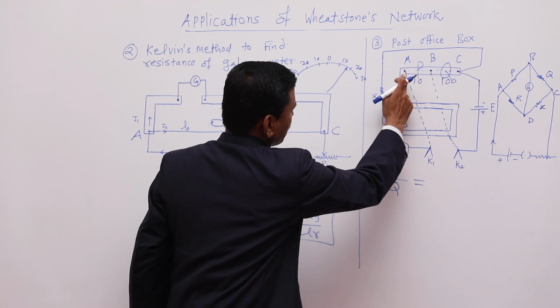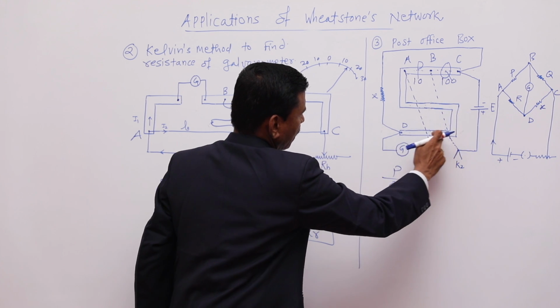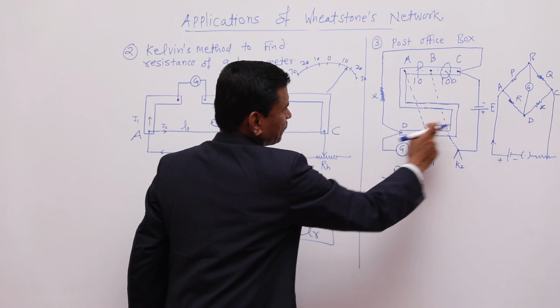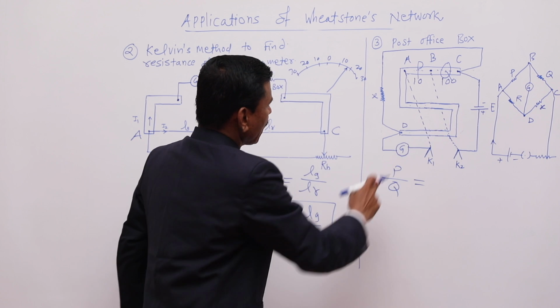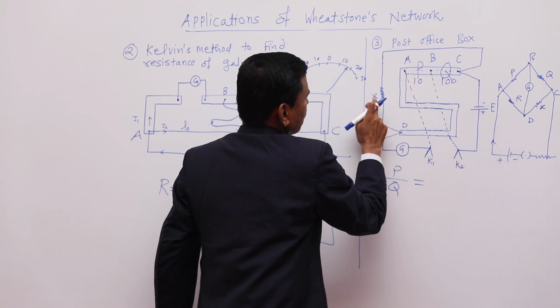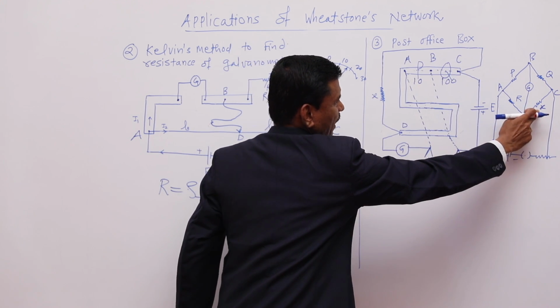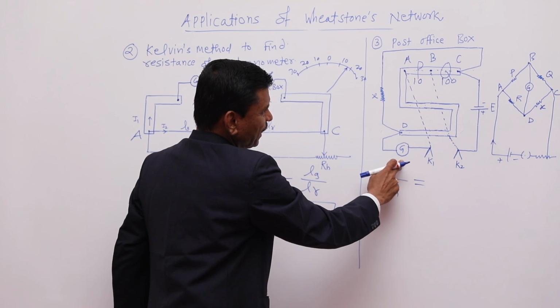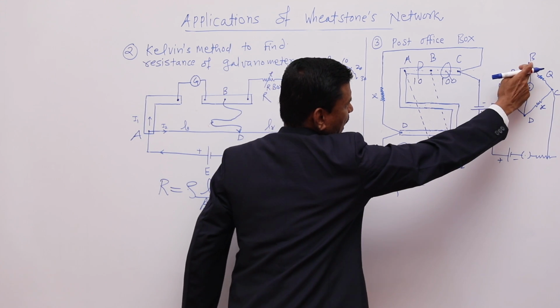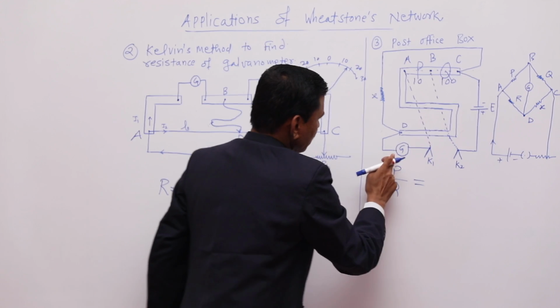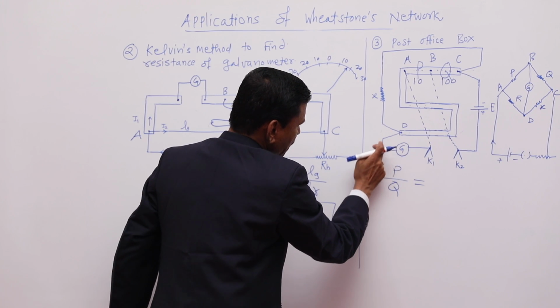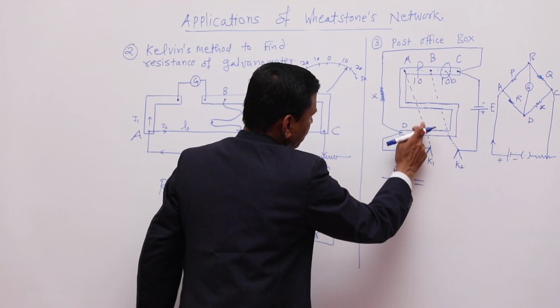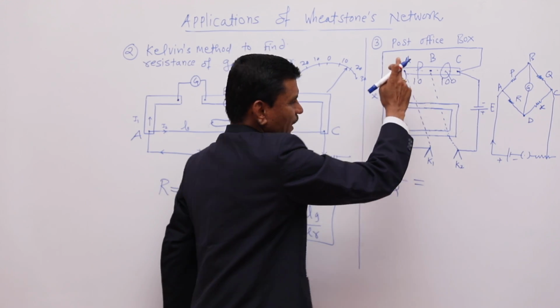R. A to D. See, this is all resistance R. And from D to C, resistance X is connected. Okay. Here the galvanometer is connected. In this diagram, B to D. In this diagram, the galvanometer is connected from D, C, K1, but is internally connected to A.